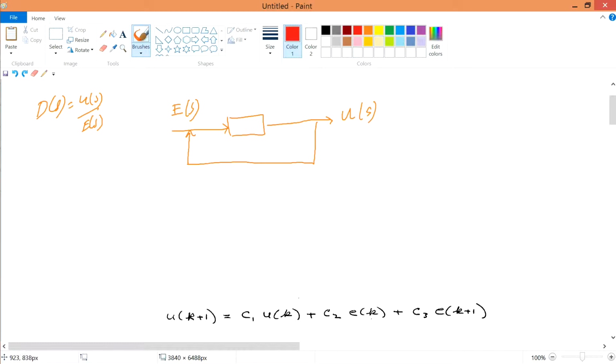To start, I'll state that U(k), E(k), and even E(k+1) and U(k+1) are all certain functions. They each have their own function, maybe like k squared plus 2, and this one may be like 2k plus 3, something like that. I'll just leave these equations over here. Later on you'll know how it goes.